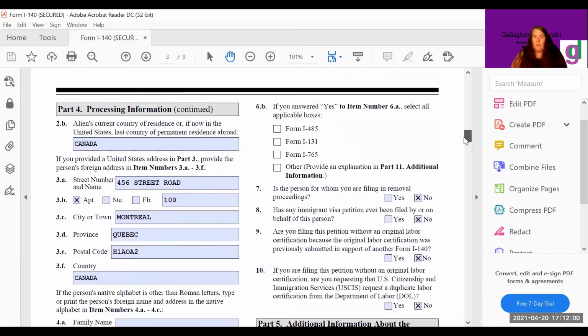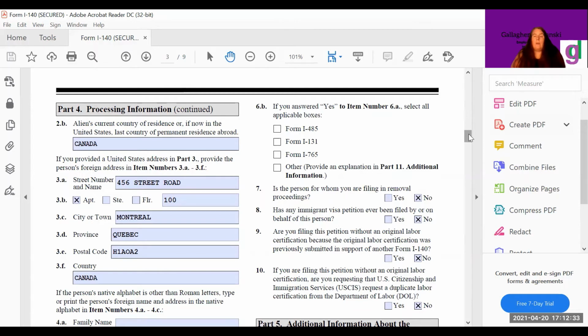So nothing here would be checked. If you're filing concurrently and you're filing for adjustment of status with your I-140, you would check here. And then if you need advanced parole, which means a travel document, you would check that one. And if you need an employment authorization EAD card, then you would check here.